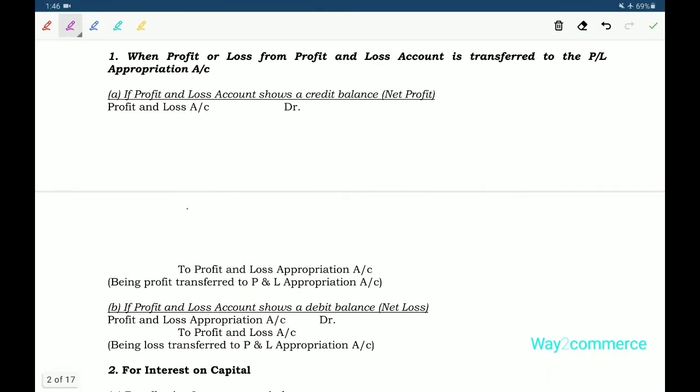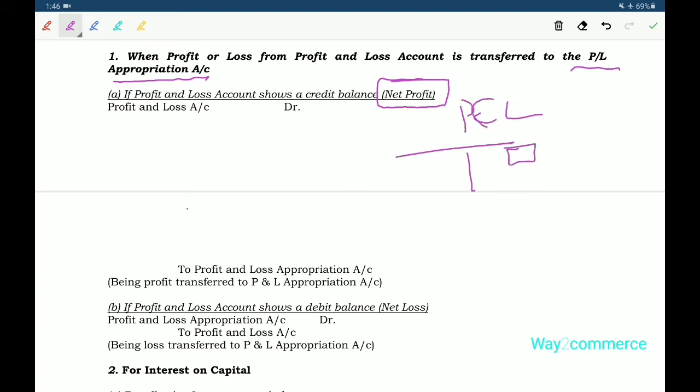The first one is when profit or loss from profit and loss account is transferred to P&L appropriation account. We know that. What is the entry? In case of net profit, profit and loss account debit to profit and loss appropriation account.